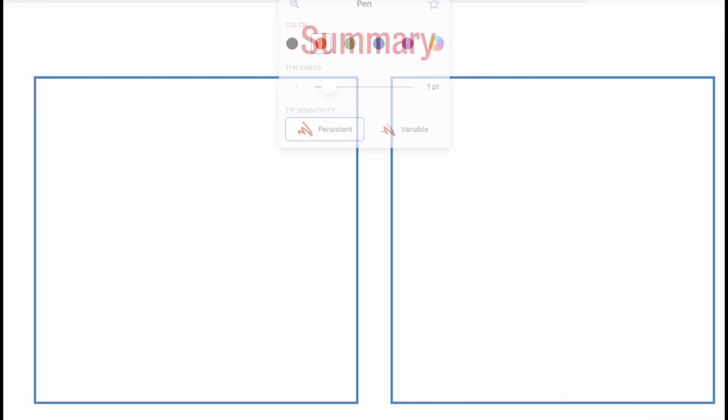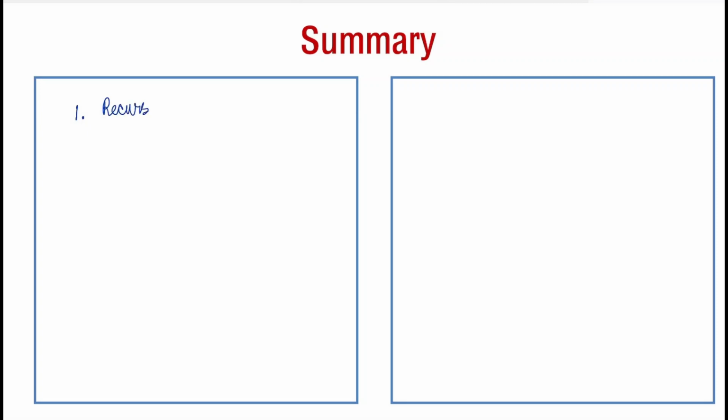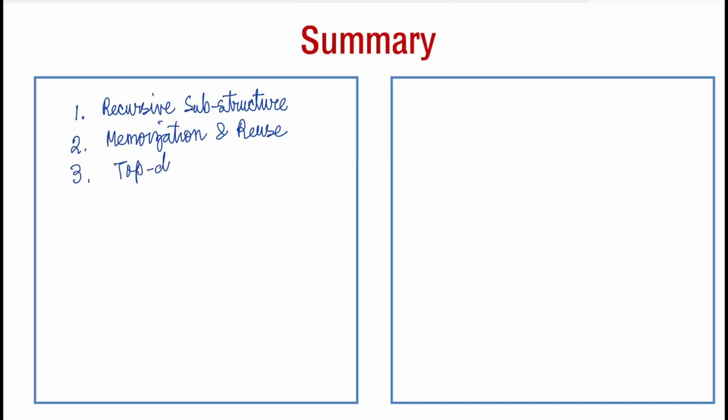So to summarize, we have again seen the tenets of dynamic programming, in which there is a recursive substructure which needs to be evaluated by memoization and reuse, and we can get both top-down and iterative.